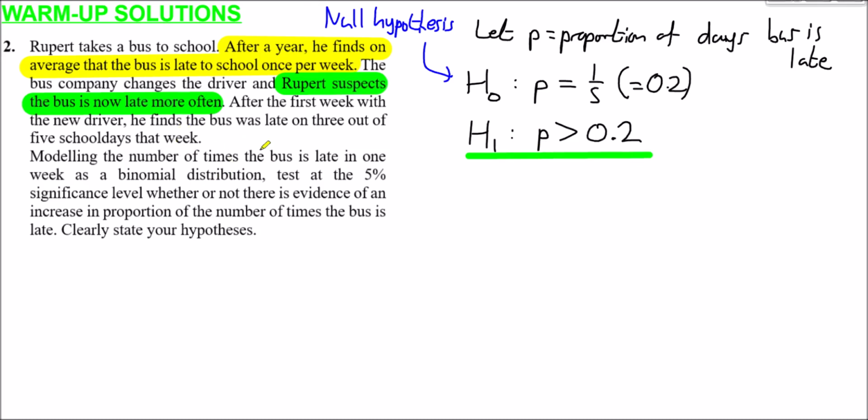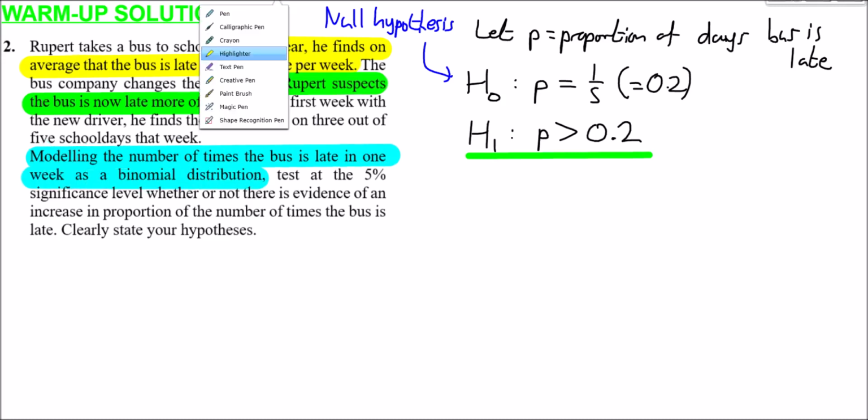So we model the number of times the bus is late in 1 week as a binomial distribution. So let's do that, and we base our initial model off the null hypothesis.